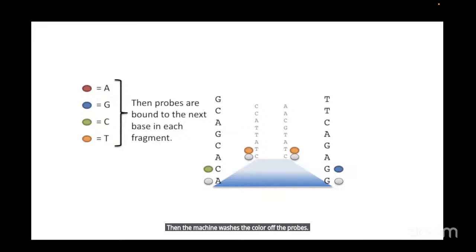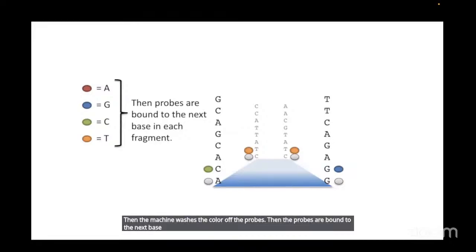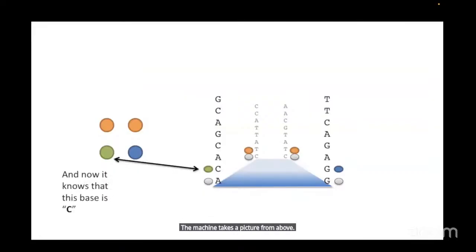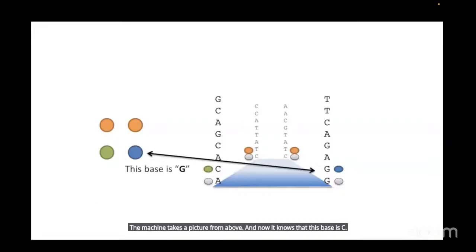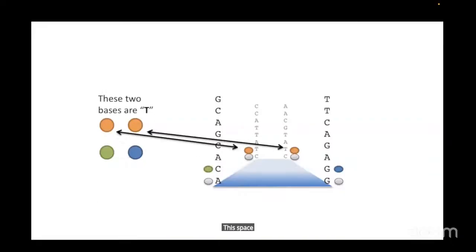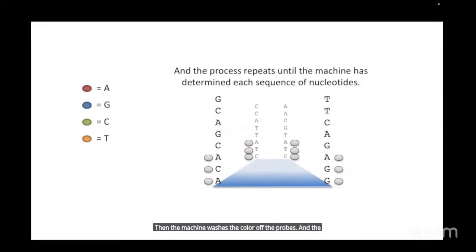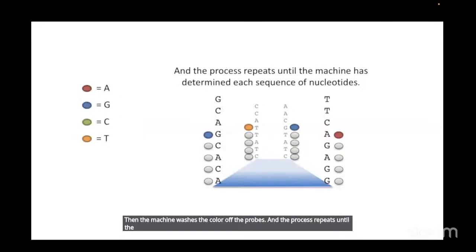Then the probes are bound to the next base in each fragment. The machine takes a picture from above, and now it knows that this base is C. This base is G, and these two bases are T. Then the machine washes the color off the probes, and the process repeats until the machine has determined each sequence of nucleotides.